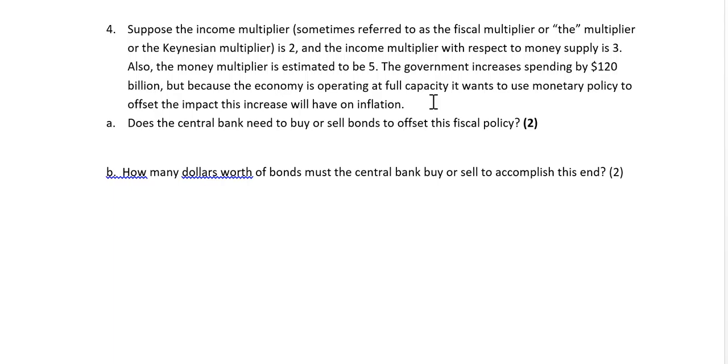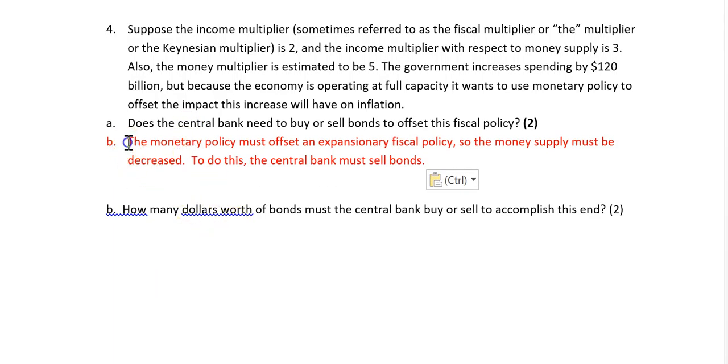So let's look at option A. Does the central bank need to buy or sell bonds to offset the fiscal policy? The monetary policy must offset the expansionary fiscal policy, so the money supply must be decreased.